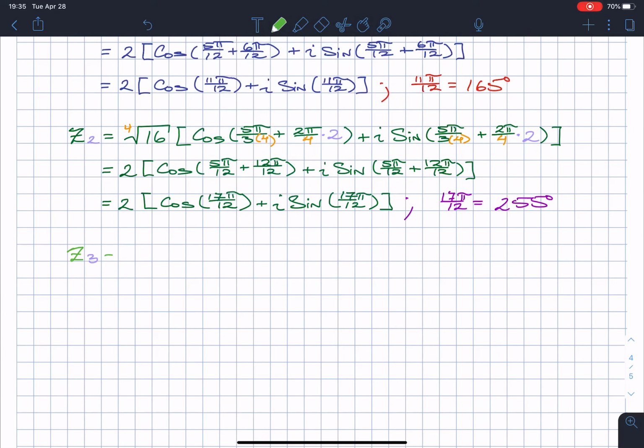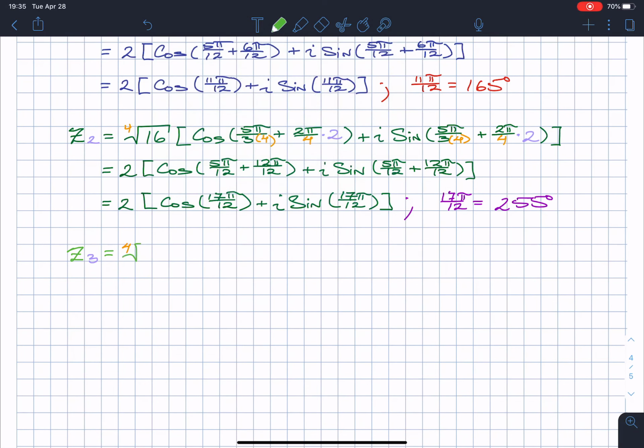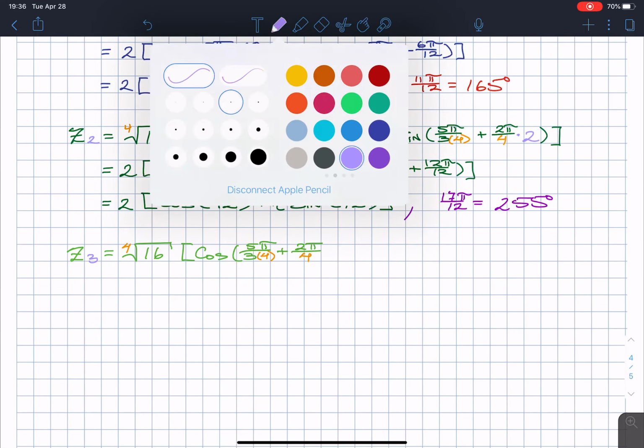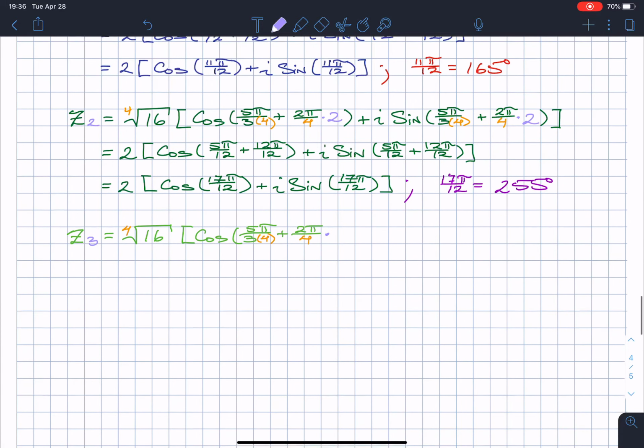So z sub 3 is going to be the fourth root of 16 times cosine of the quantity 5 pi over 3 divided by n, which in this case is 4, plus 2 pi divided by n, and the subscript for this one is 3, times 3.